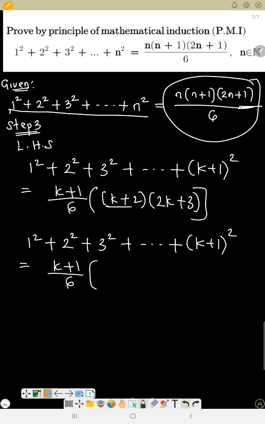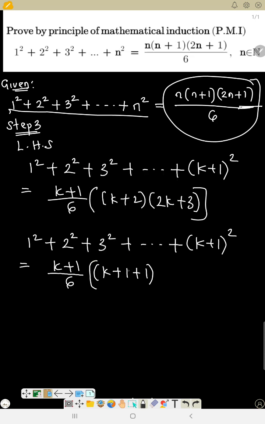Remember this k plus 2 now: I can say k plus 1 plus 1. So why are we doing that? Because we remember we are using n equals k plus 1 for the third step. That's why I'm splitting everything to k plus 1 terms.